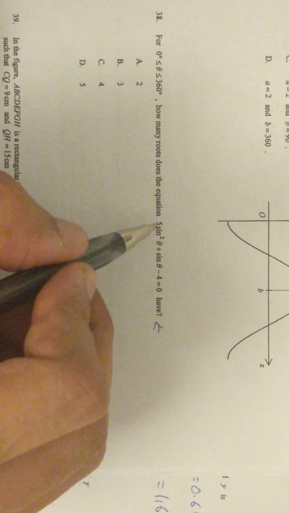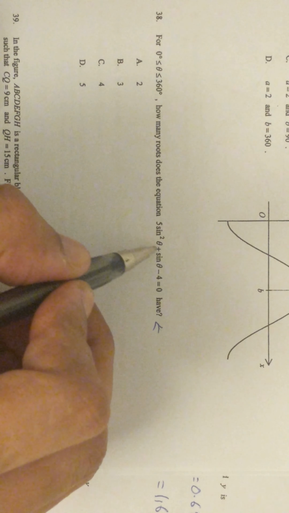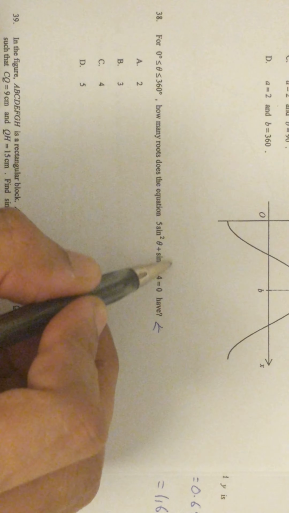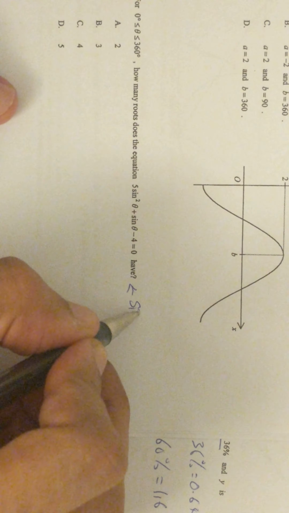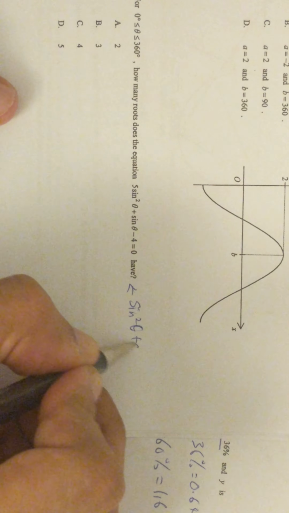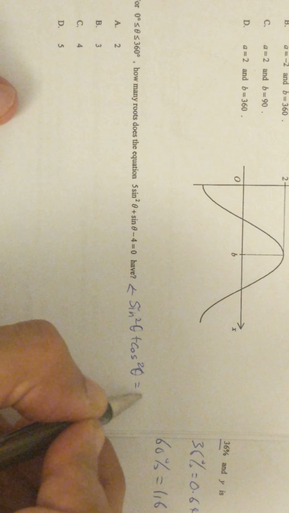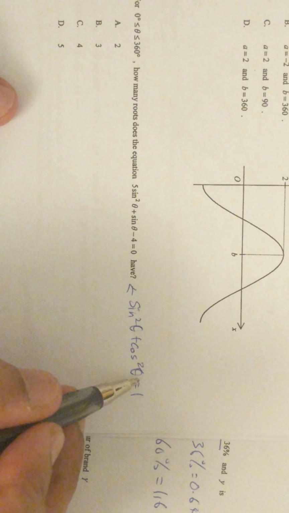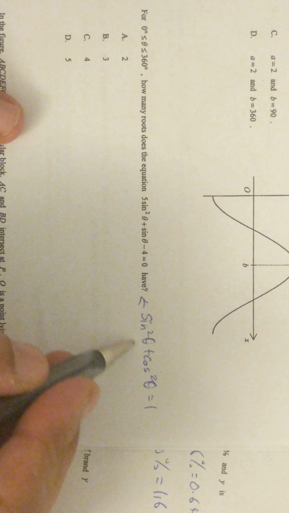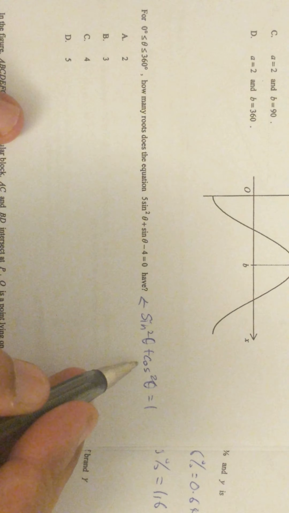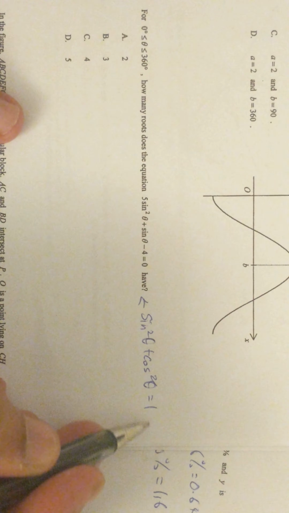Typically they will give you a cosine square theta, but then give you a sine theta. Because in Form 3 we learn that sine square theta plus cosine square theta is 1, if I move the sine square theta over, I can get cosine square theta is 1 minus sine square theta, then I can replace that in.